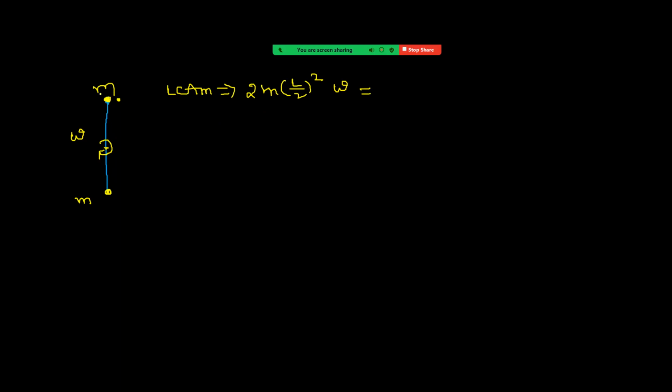After collision, this becomes 2m, so this becomes 3m into (L by 2) whole square omega dash, which we have to calculate. Now directly you can cancel m (L by 2) whole square. So omega dash is equal to 2 omega by 3. So very simple and direct.